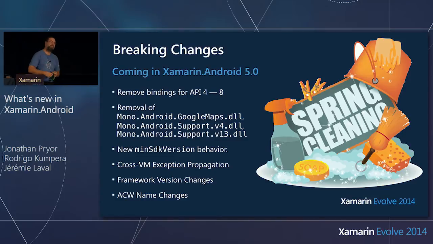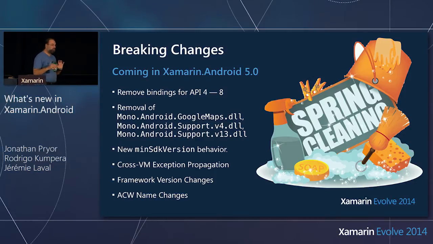There you go. And so if you go into layout AXML files, sometimes to work around bugs, you'll need to use the ACW name instead of the actual name because we have bugs in our fix-up process. And so you might be using the ACW name either deliberately or inadvertently.